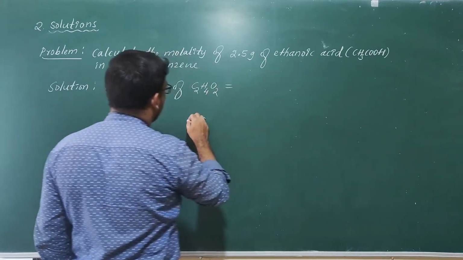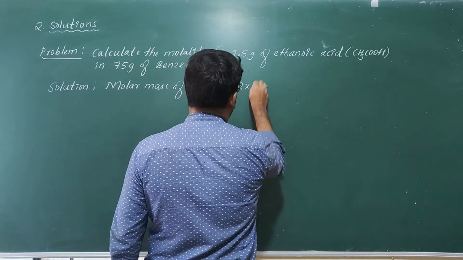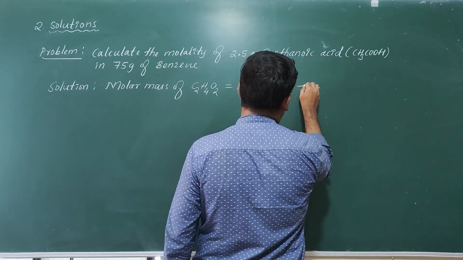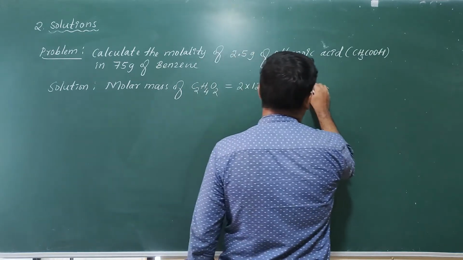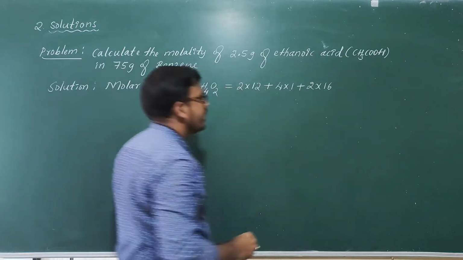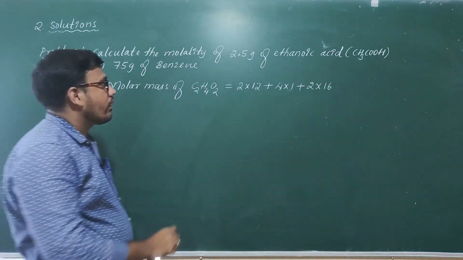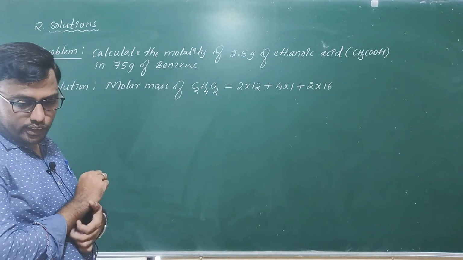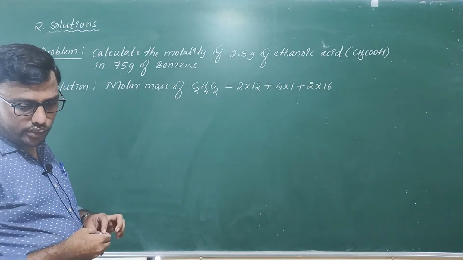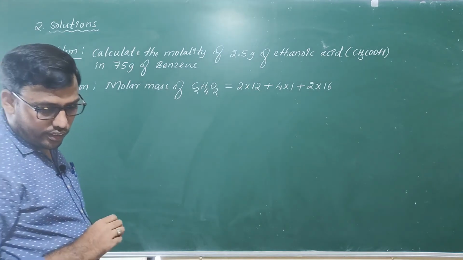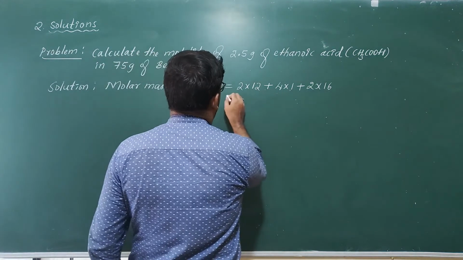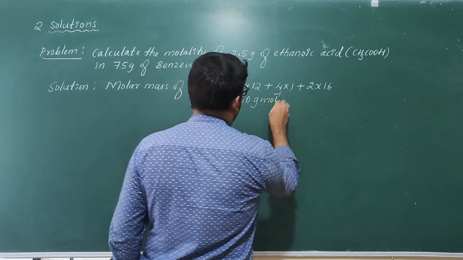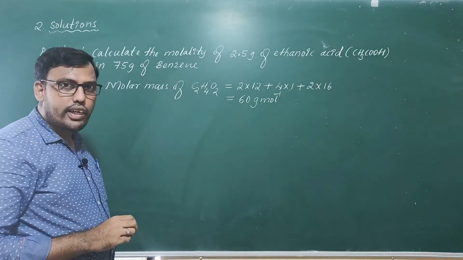So 2 carbons, so 2 into 12, plus 4 hydrogens, so 4 into 1, plus 2 oxygens, so 2 into atomic mass of oxygen, which is 16. 24 plus 4, 28, plus 32. So 28 plus 32, it will be 60 gram per mole, the molar mass of ethanoic acid.